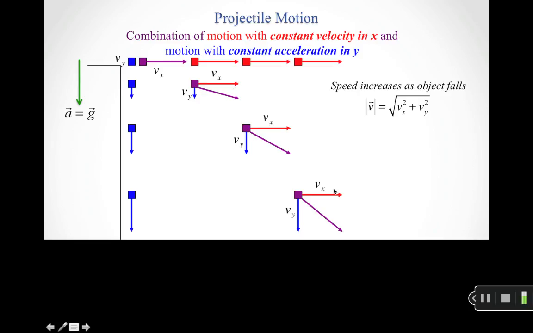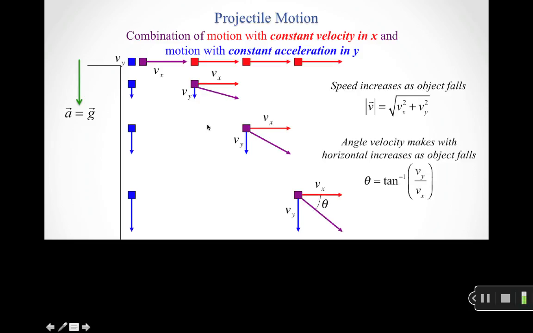The x component is the same in all these situations, so this term stays the same. This term gets bigger as the object falls, which means that the speed increases. And again, that's exactly what we know happens: the object falls faster as it gets closer and closer to the ground.